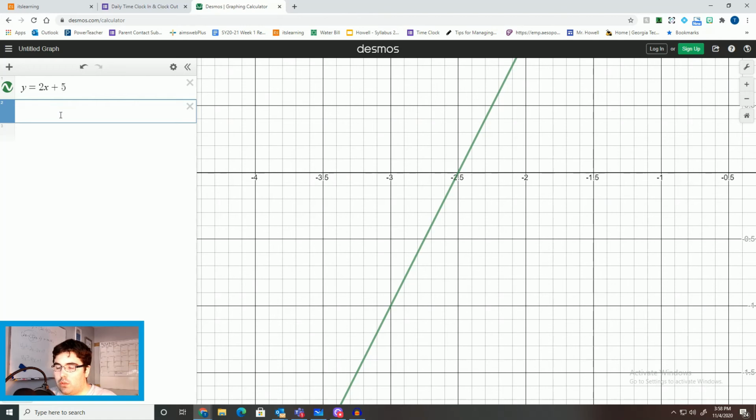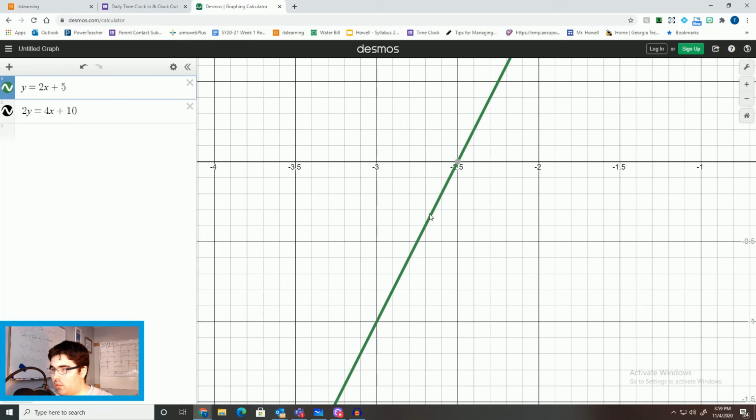So to illustrate this, if, for example, instead of y equals 2x plus 5, you had that same equation, but with every term multiplied by 2, let's look at what happens. 2y equals 4x plus 10.